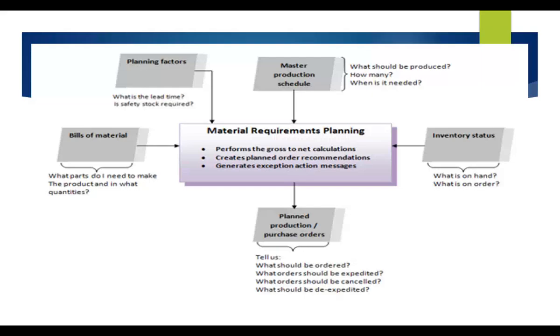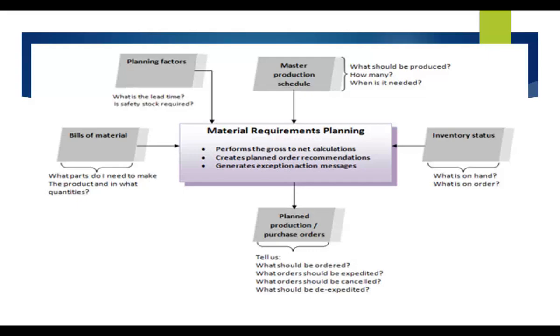It then compares it to the bill of material that you see on the left to see what's required. Bump it up against the on-hand and on-order amounts, which are the inventory status items that you see on the right, and the planning factors like lead time and safety stock. Put all this together based on the required date and part lead time.